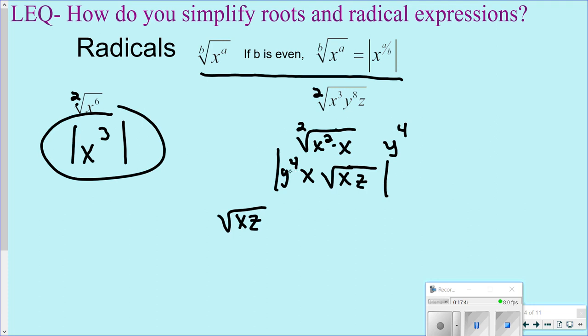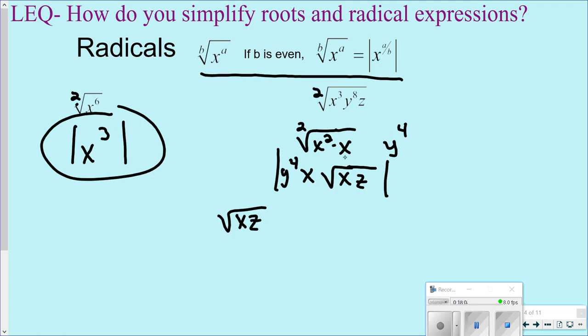So did putting y to the 4th inside of the absolute value change the value? Well, no, because with an even power, whether the original number y was positive or negative didn't make a difference, because a positive or a negative number taken to an even power will always result in a positive output.